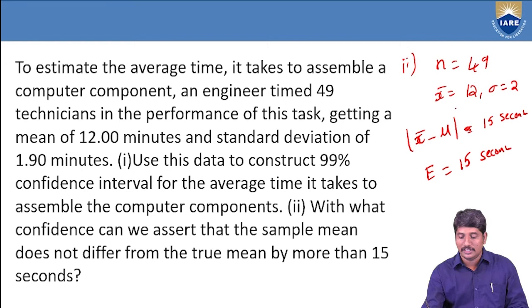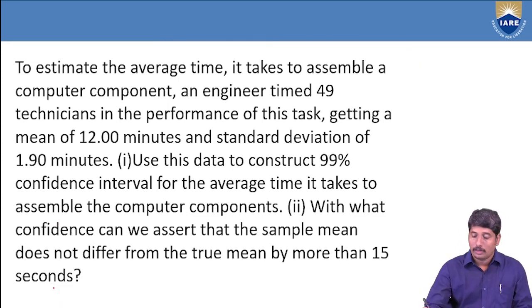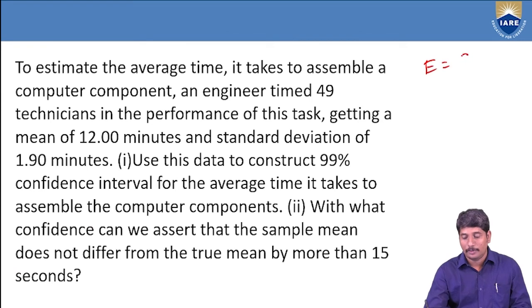Let us convert 12 minutes into seconds. 12 minutes means 12 into 60, that means 720 seconds. And standard deviation is 2 minutes, that is 120 seconds. Now we have maximum possible error 15. Let us write the formula: E is equal to Z alpha by 2 sigma by root n.